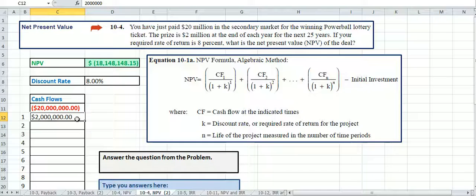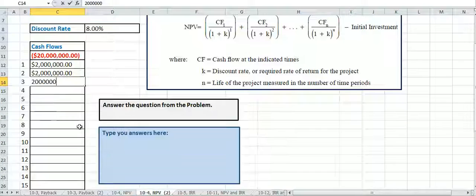So what I'm going to do is just copy that. Control C, and then just go down. It's going to take a while, but we've got to put $2 million in each one of these.